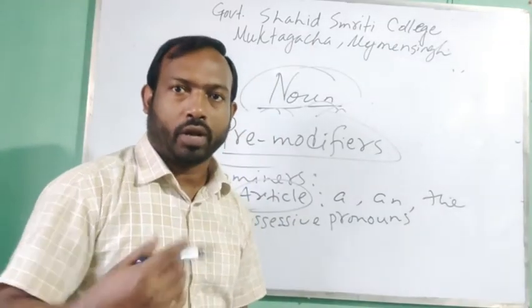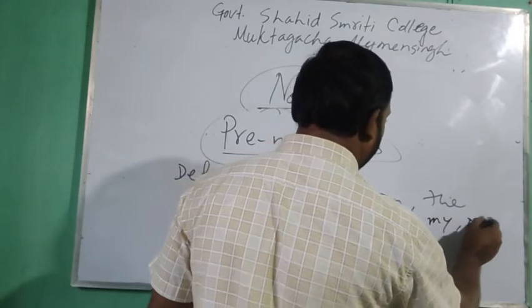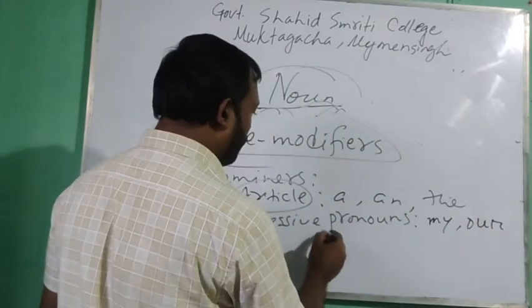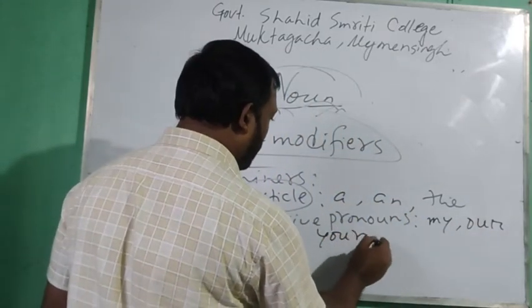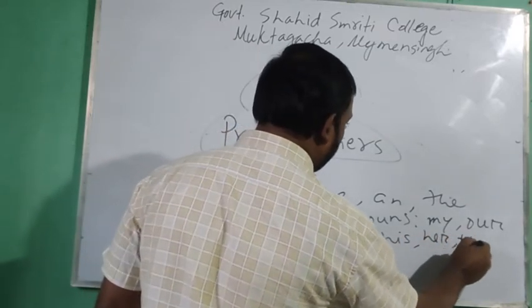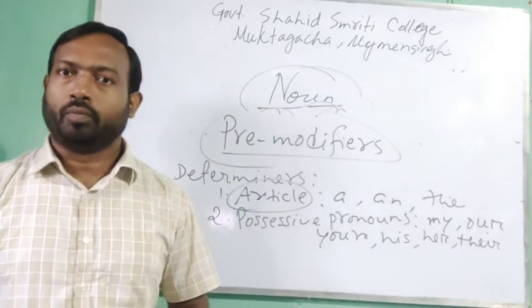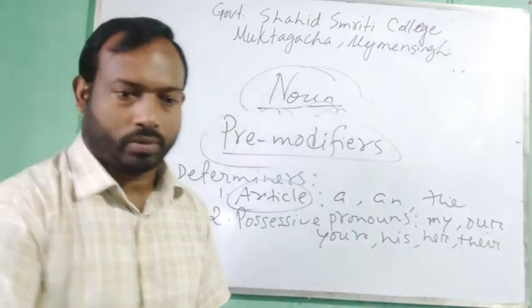Possessive pronouns: my, our, your, his, her, their, etc. So these are possessive pronouns. These are determinants.